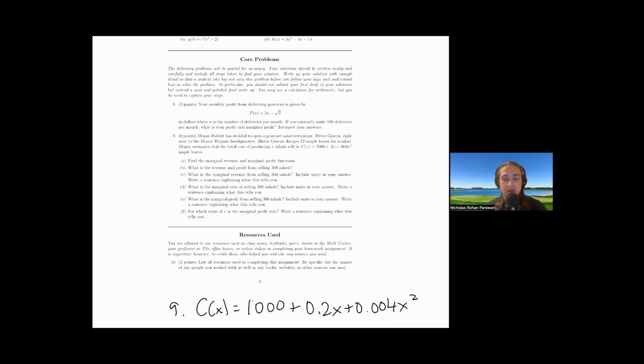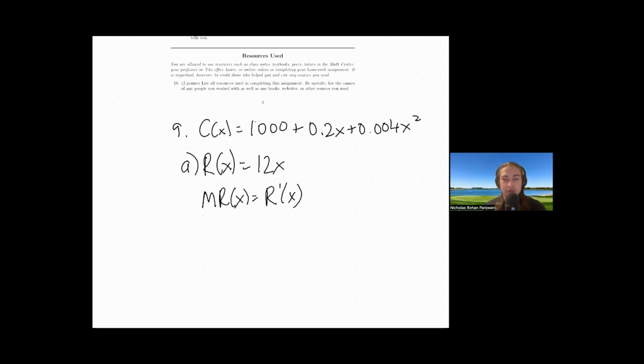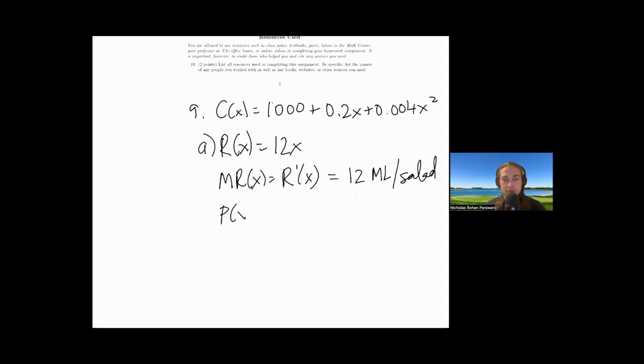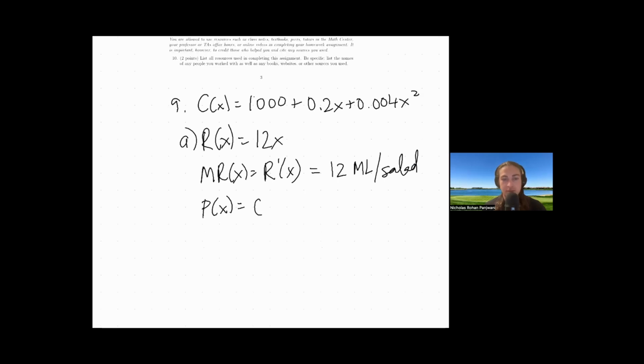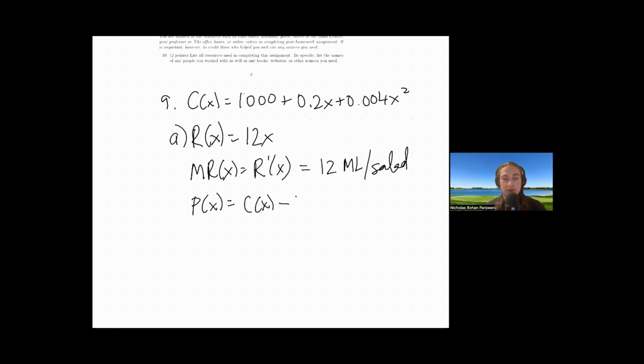When you have a fixed price like that, 12 maple leaves, that is going to be equal to the marginal revenue. And we could even shortcut this. So marginal profit. Okay. So we need marginal cost.